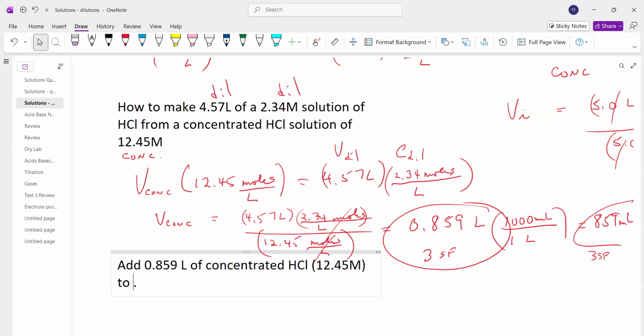So how much water do we need? Yeah, subtract the 0.859 from 4.57. Yeah, exactly. So the final volume is 4.57. We want to subtract the 0.859 liters.